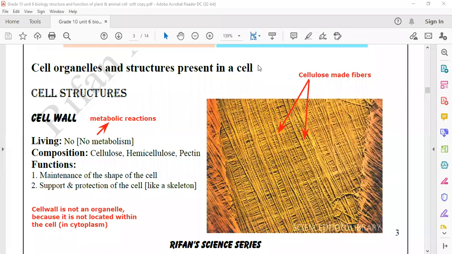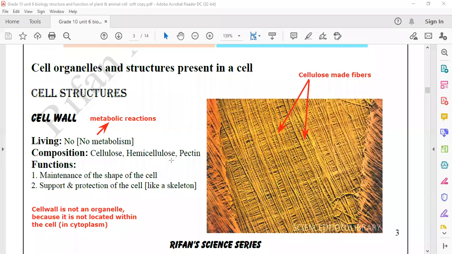Can you notice these fibers are pasted together in the picture? Are the fibers loosely available, or are they pasted together? They are pasted together.